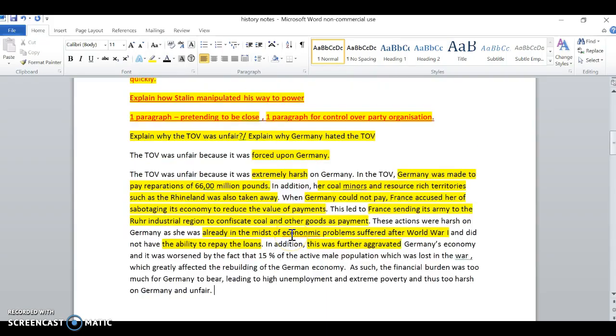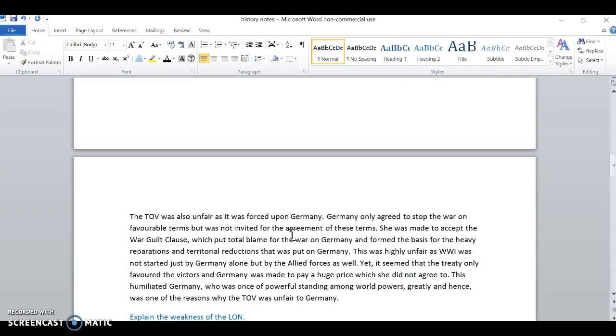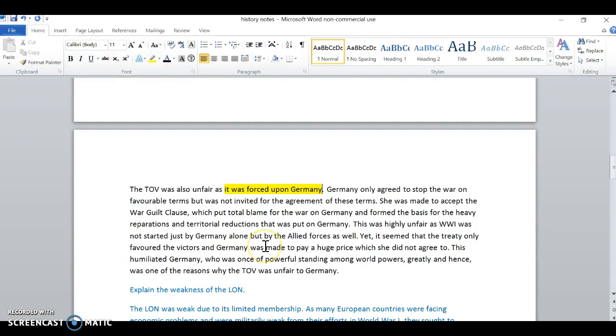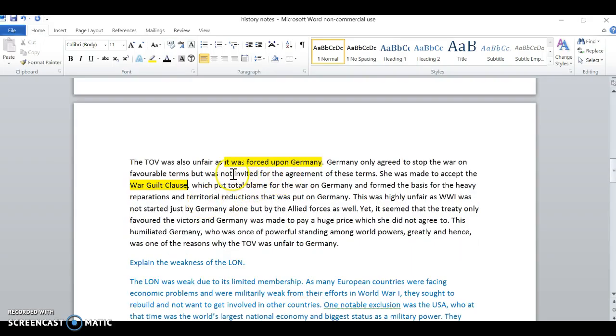Another point you can put for unfair is that it was forced upon Germany. For this point, your focus will be on the war guilt clause. Germany agreed to stop the war on favorable terms but was not invited for the agreement. Remember, she was not invited in the discussion.